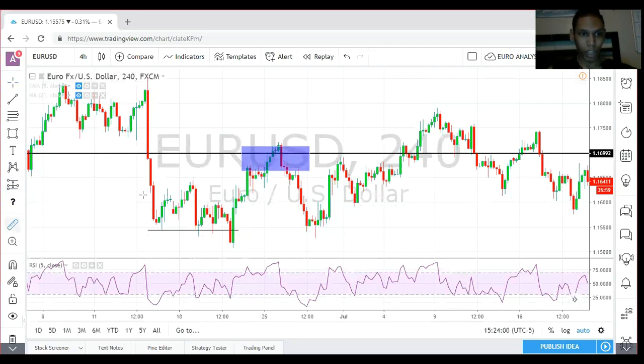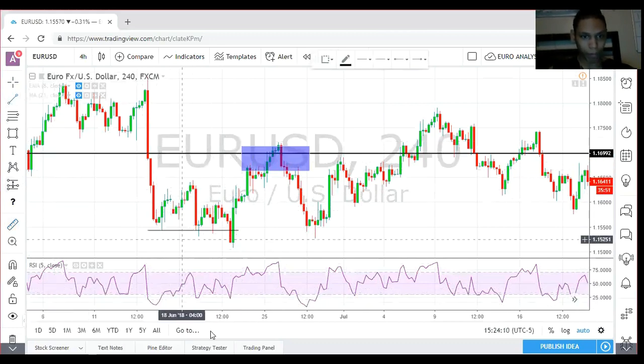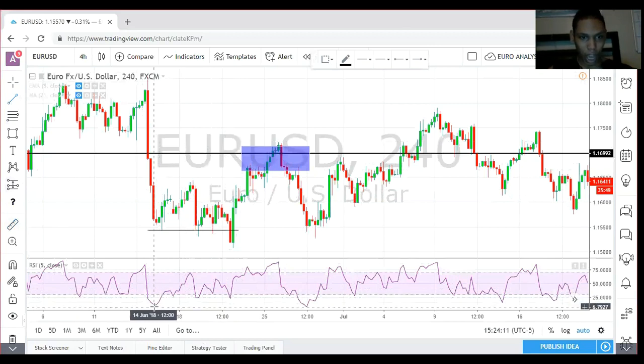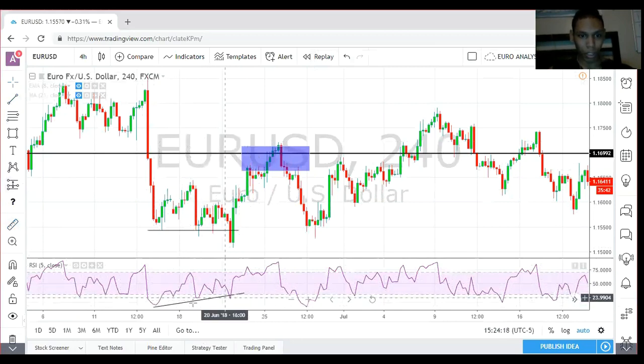You would have entered. You see that the market is flat basically, but the RSI was going in an uptrend, indicating an uptrend and a buy.